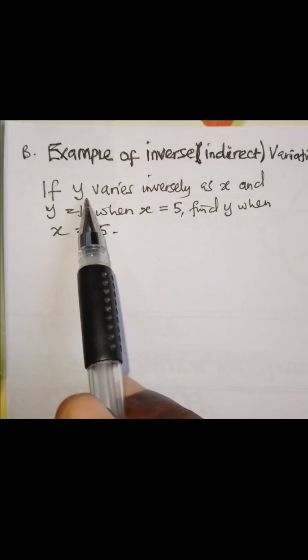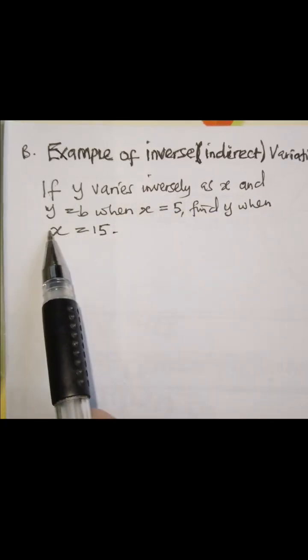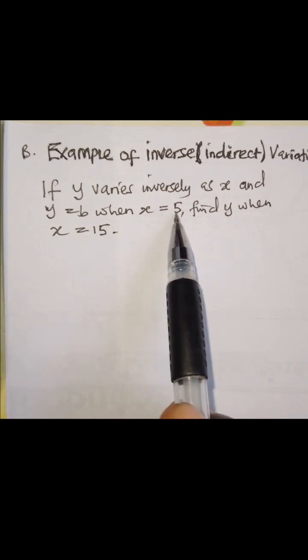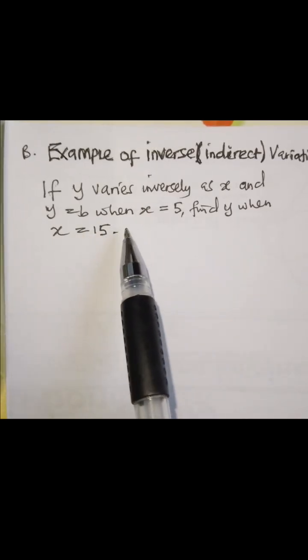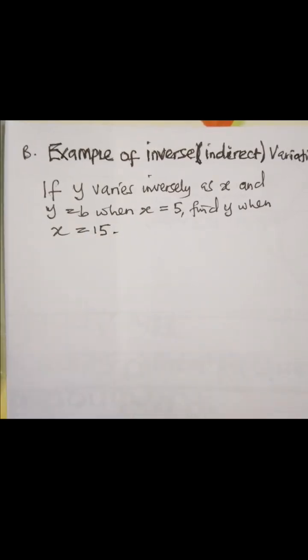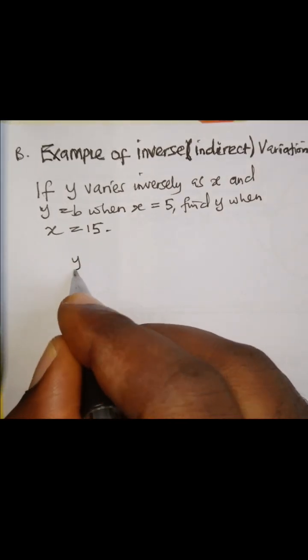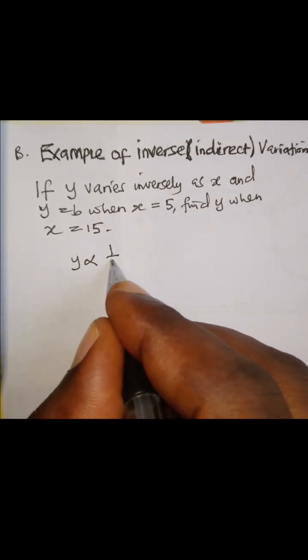The example says: if y varies inversely as x, and y equals 6 and x equals 5, find y when x equals 15. So first of all, you write the formula of indirect variation as y varies inversely as x.